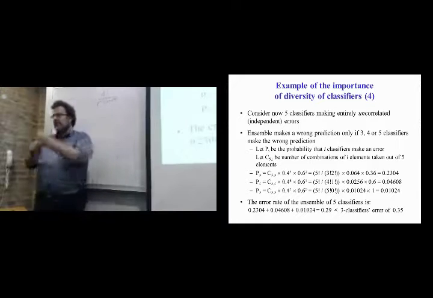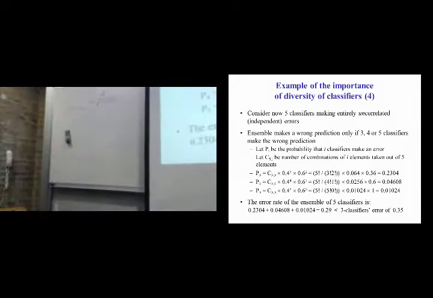If you're making a prediction and you've got 5 votes, then if everyone's wrong, or if 4 people are wrong, or if 3 people are wrong, if all the classifiers are wrong, if 4 of the classifiers are wrong, if 3 of the classifiers are wrong, then you make the wrong prediction, otherwise you get it right.